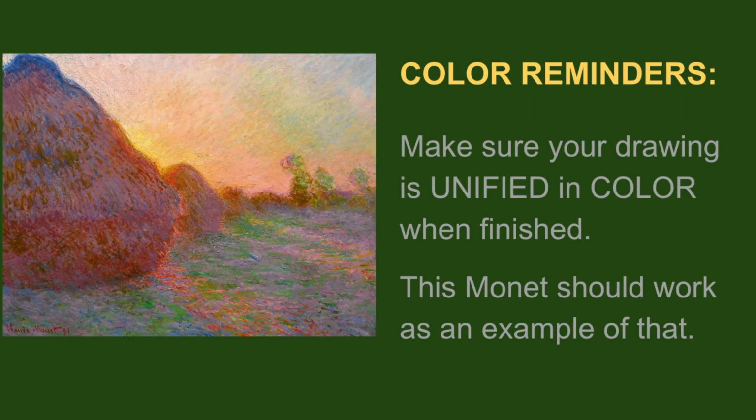So, some color reminders. I've got a bunch of examples here that I'm going to show you. In order to unify your drawing, you're going to need to use multiple colors in different directions. This happens to be a Monet pastel drawing, and what you should notice is the warm colors in the sky, because it was actually sunrise, but those warm colors are repeated a little bit in the parts of the landscape where the shadows are not.